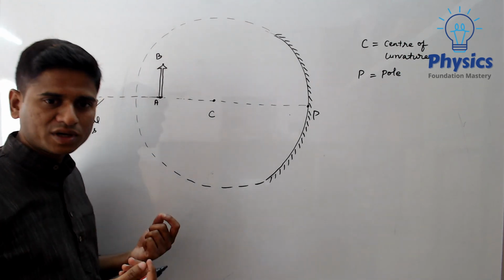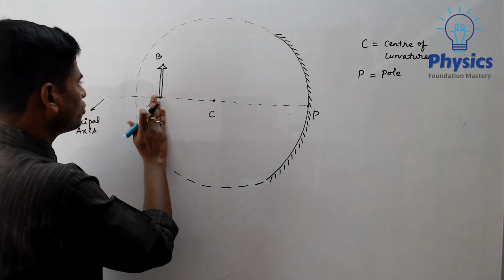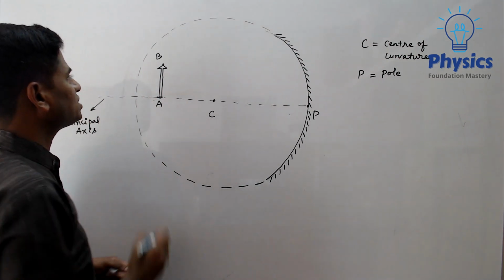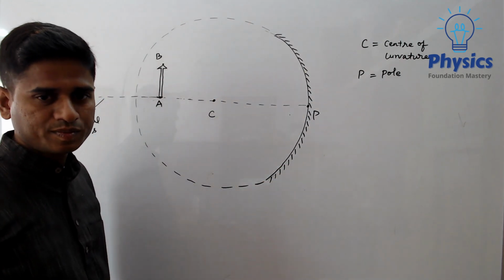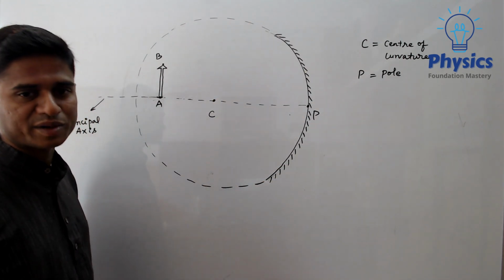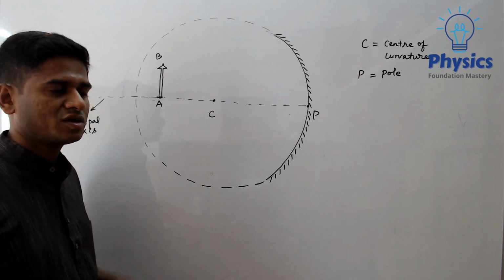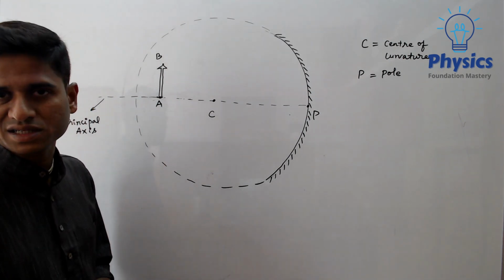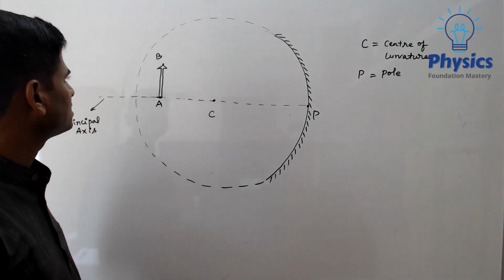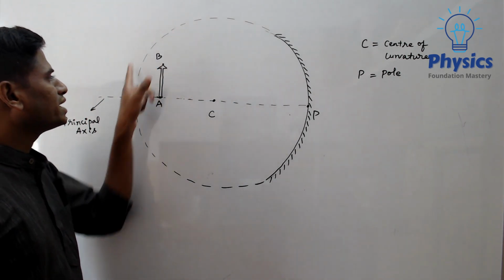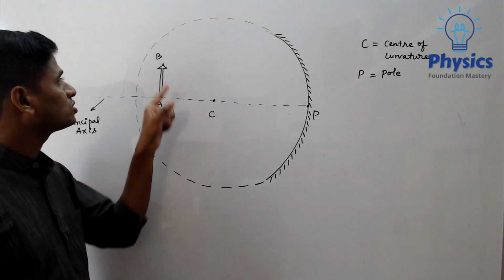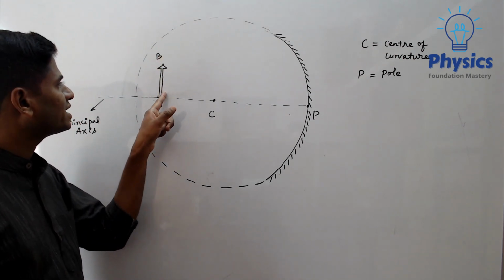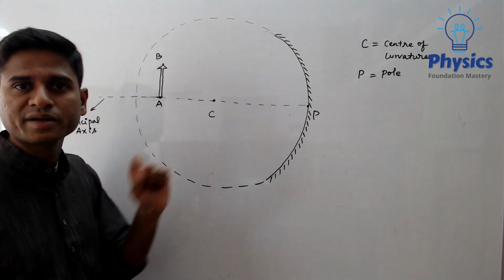I want to find out where the image of this object is formed by this concave mirror. What are we supposed to do? First, draw incident rays. This is an extended object, not a point object, so from every point on the extended object, light rays originate.